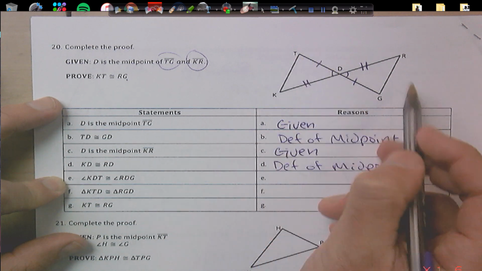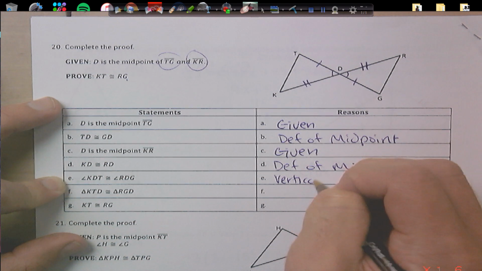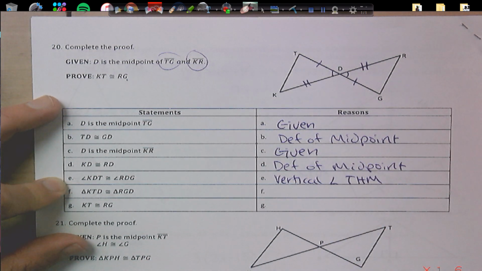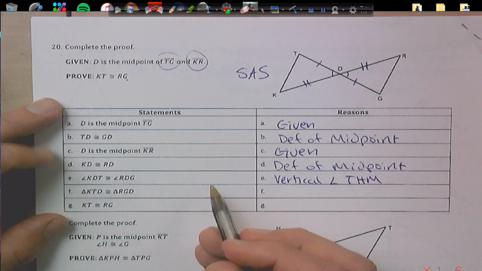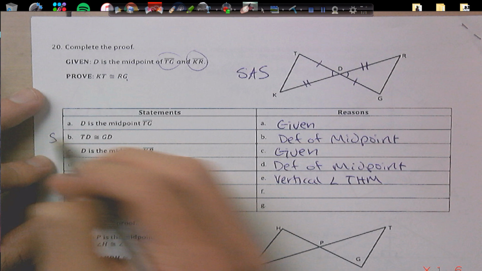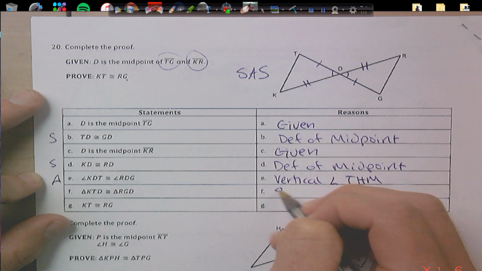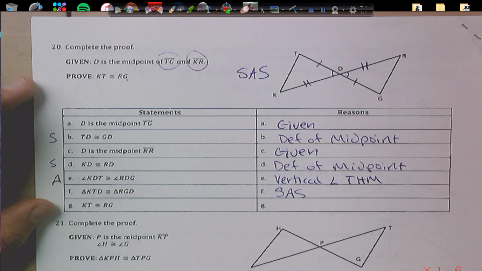KDT and RDG, that's vertical angles theorem. And then our triangles are congruent by, this would look like SAS. Let's just double check we proved everything. This would be a side, side, and then angle. So we have all of our components. So this is SAS.